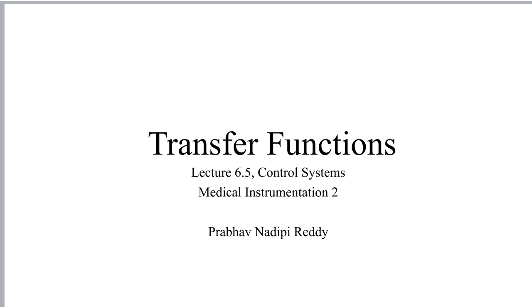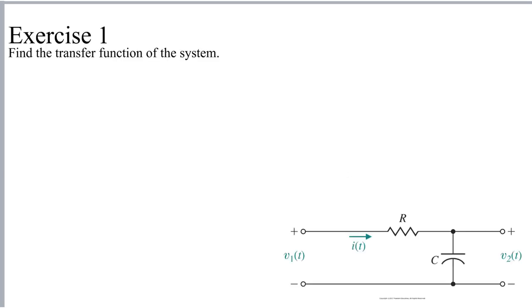Let's start with our first example. Let's say we have a simple RC circuit here, and our input V1 is applied to this RC circuit, and the output is read across this capacitor C. So how are we going to get the transfer function of this system? First of all, what would the transfer function look like?